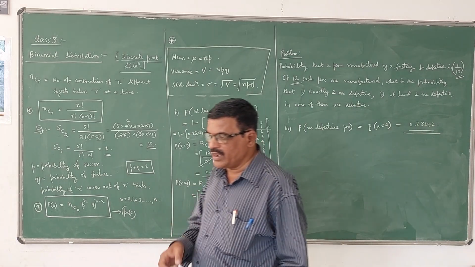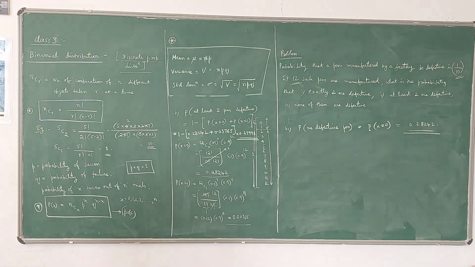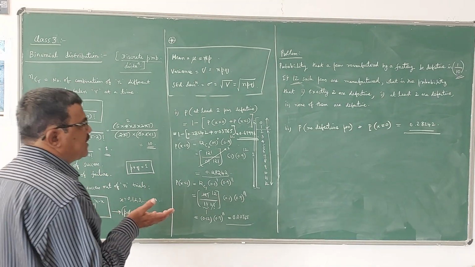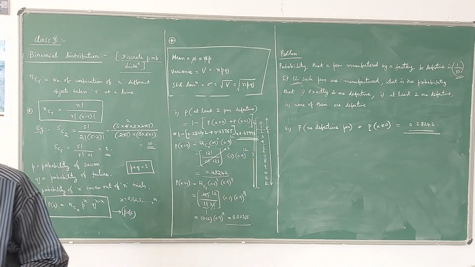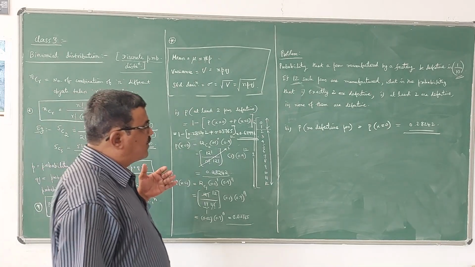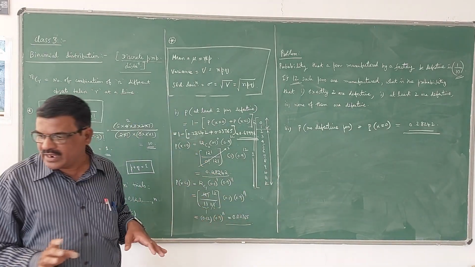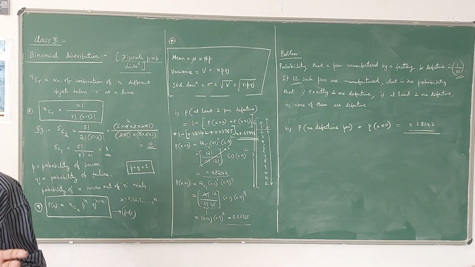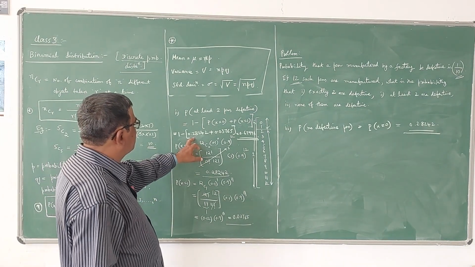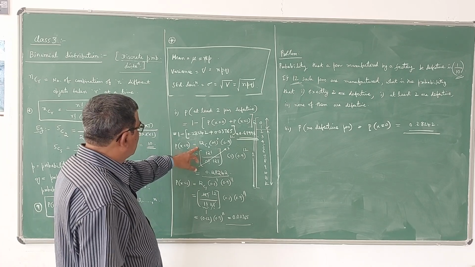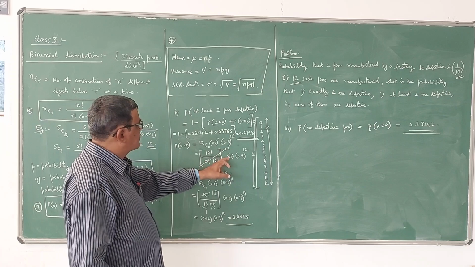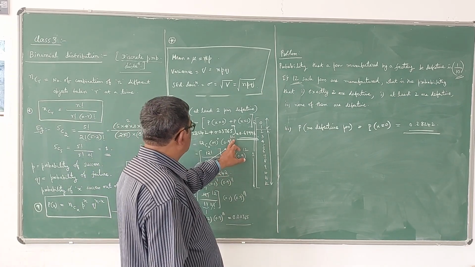If you want exactly 2 defective pens, the probability is whatever we got in the first part. For at least 2 defective, like the second one, this is 12C0 into 1 and 1, which is 12 factorial divided by 0 factorial into 12 factorial.